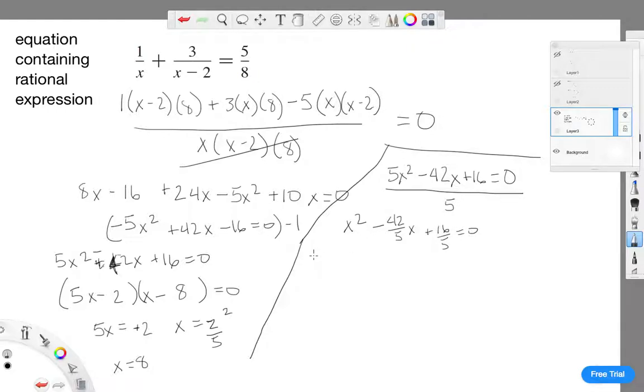and this is not pretty, obviously, but let's, for sake of consistency, just complete the square. We're going to have x squared minus 42 over 5x. Find the third term.